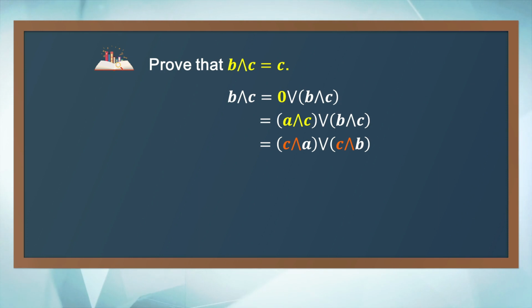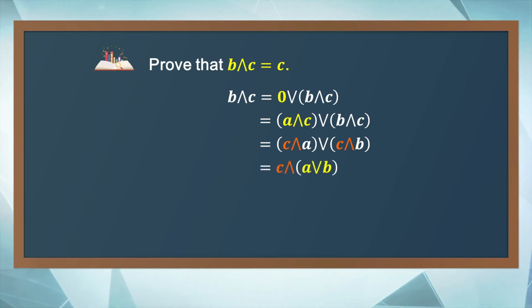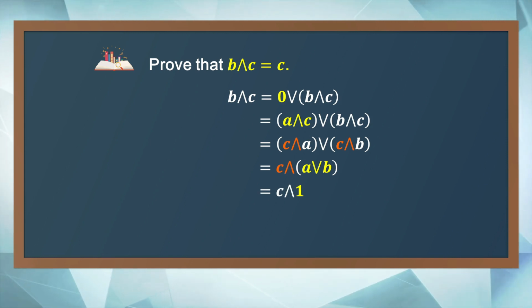Then by the distributive laws, it is going to be C meets the join of A and B. Meet distributes over join. Replace the join of A and B with 1, as B is the complement of A. The join of A and B equals 1. By the definition of the greatest element, 1 is the greatest element.